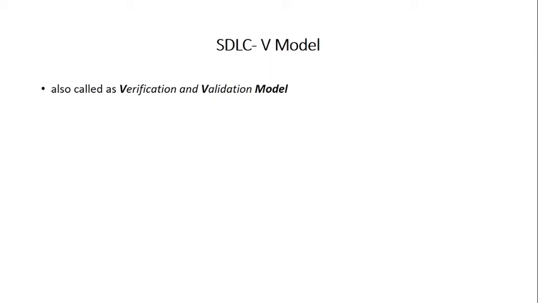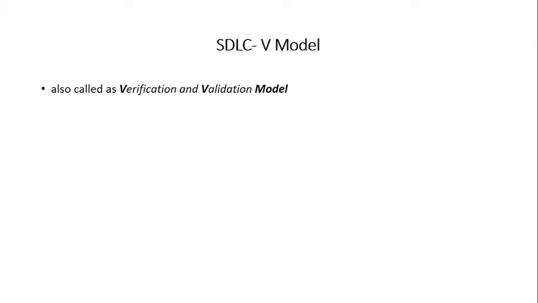Though we develop the software, it is more or less utilized in testing, because it elaborates how the testing is carried out and how the documents produced in the SDLC, that is all the phases, are used in the corresponding phases. So verification starts with V, validation starts with V. So we call this the verification and validation model, or simply the V model or VNV model.